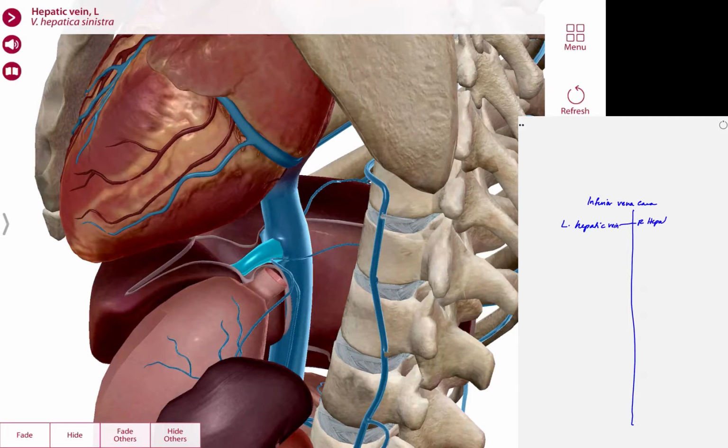And then that capillary bed goes to a vein, which is normal. The thing that makes it a portal system is when it goes to another capillary bed and then to a vein.